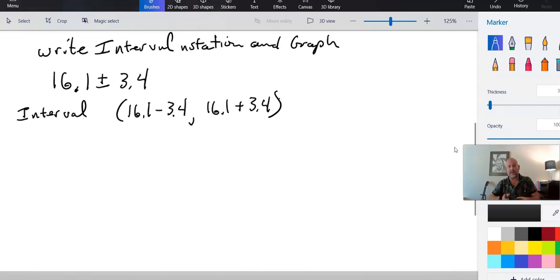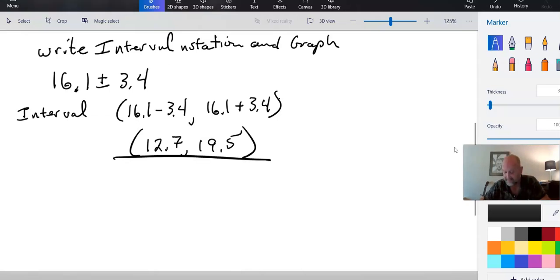We pull out our handy dandy calculators, and we got 16.1 minus 3.4. That gives me 12.7. And then 16.1 plus 3.4, and we shouldn't need a calculator for that, that's 19.5.